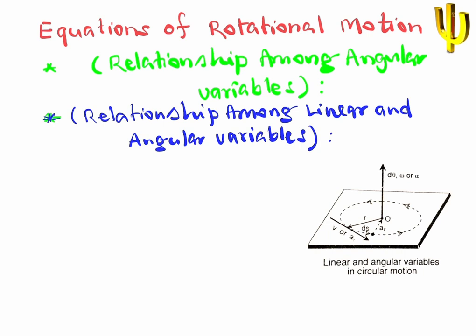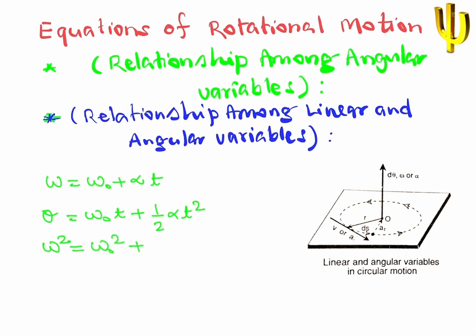Friends, these are the equations known as the rotational motion equations, and they may be written as omega is equal to omega naught plus alpha t, theta is equal to omega naught t plus half alpha t square, and omega square is equal to omega naught square plus 2 alpha theta, where omega is the angular speed after time t, omega naught is the initial angular speed, alpha is the angular acceleration, and theta is the angular displacement.